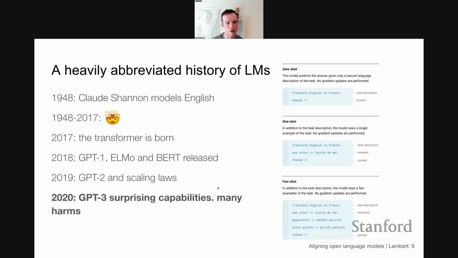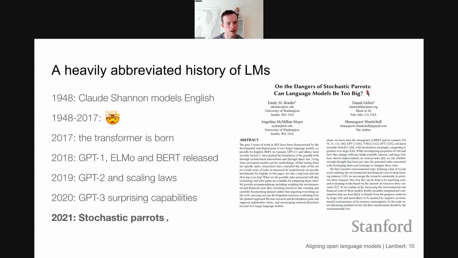And with this power came many harms. This is a discussion of what the risks of releasing language models are, and what types of groups will be hurt by this. Very important problems that culminated in 2021 with the Stochastic Parrots paper, which argues about whether or not language models can be too big, as is in the title, but it's really a critique of how we should be thinking about language models.